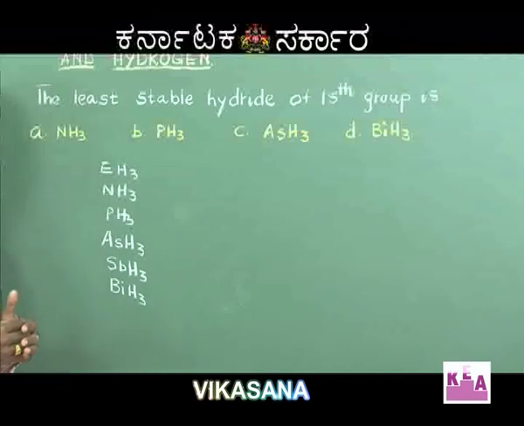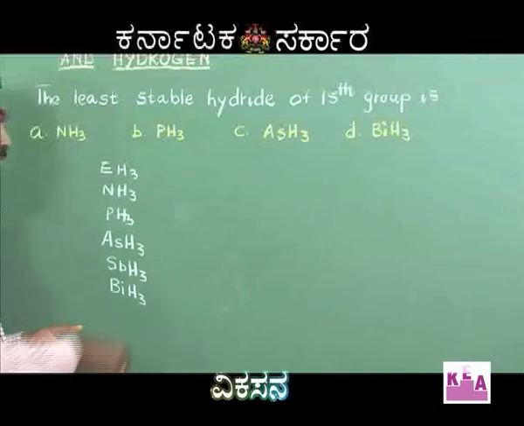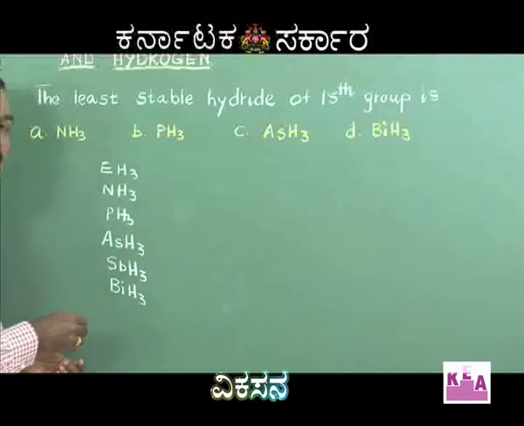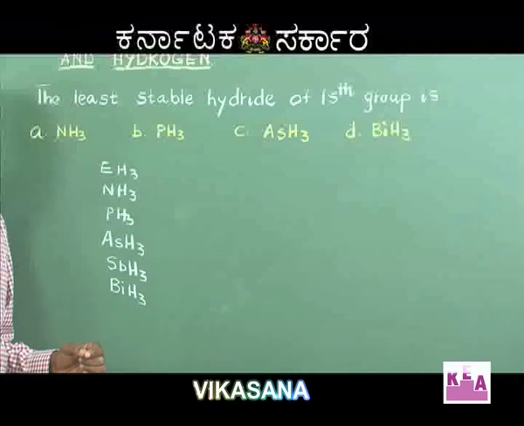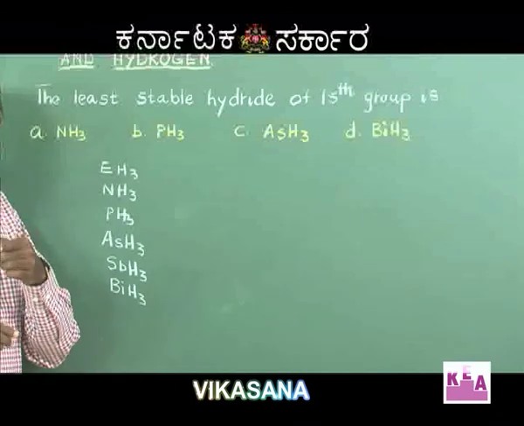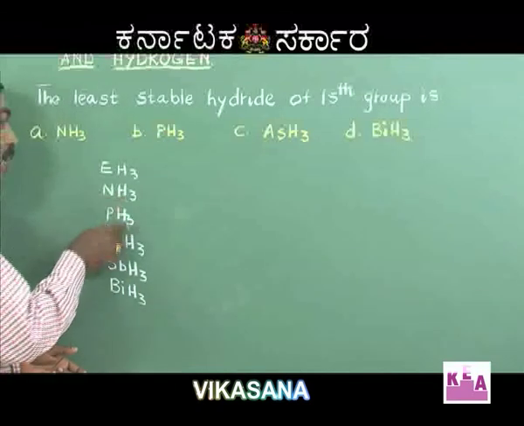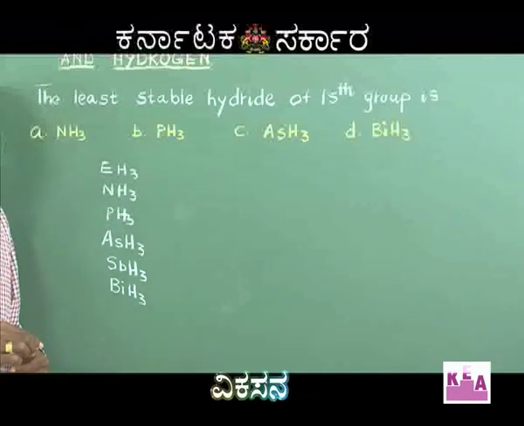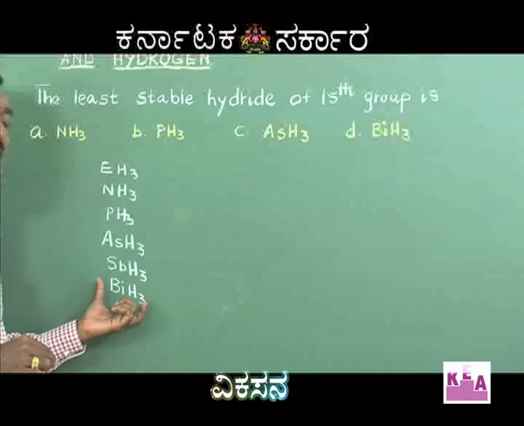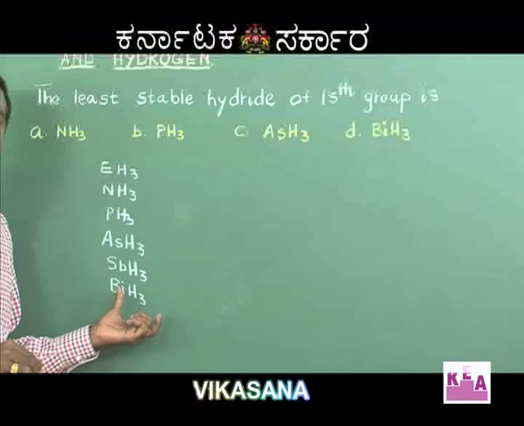The rule is like this: as I move down the group, the stability of hydrides decreases. That means the most stable hydride of group 15 happens to be ammonia, while the least stable hydride of group 15 happens to be bismuthine. So you got the answer now.